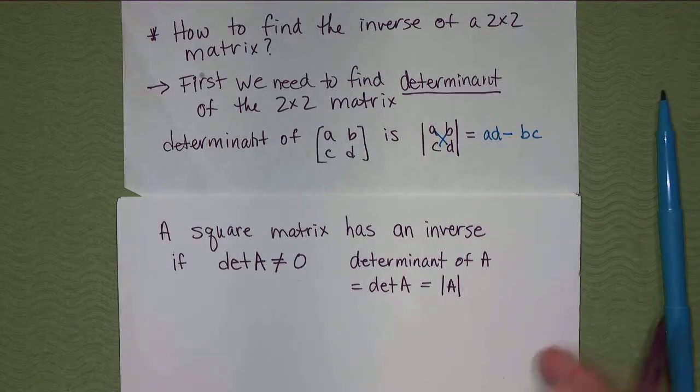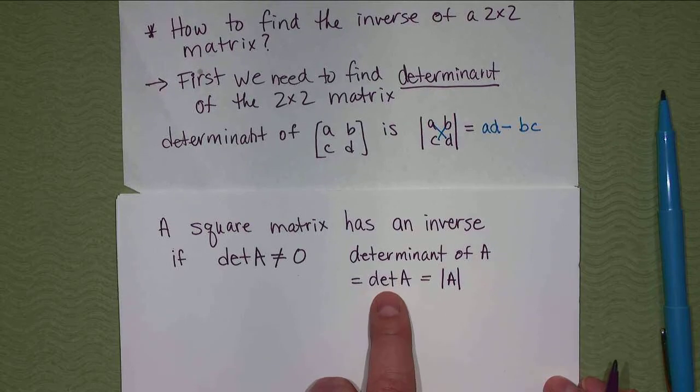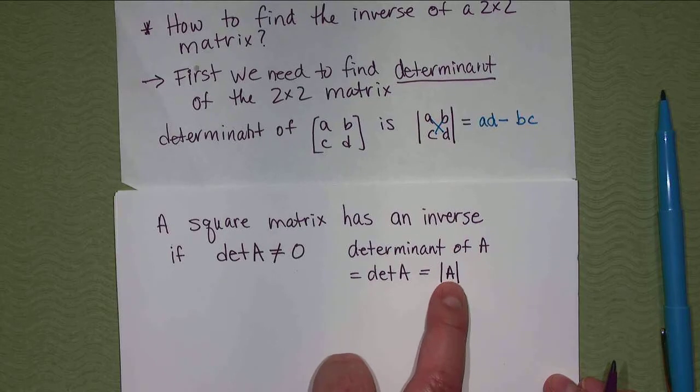So these are the 2 ways to write the determinant of A. You can write det A. A can be in a bracket or not, doesn't matter. Or those absolute value brackets. Those symbols both mean determinant. Okay, so 2 different ways to say the determinant of A.